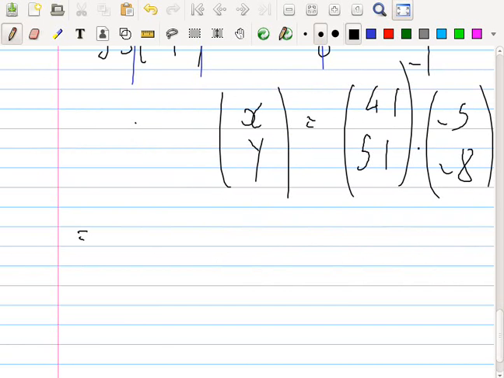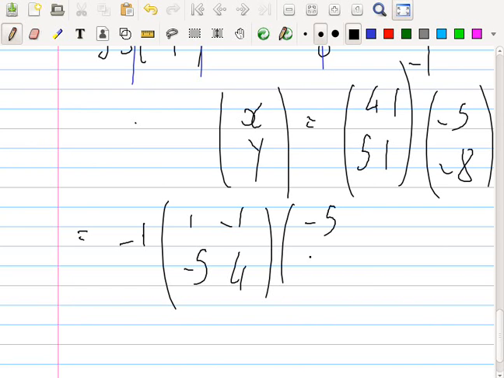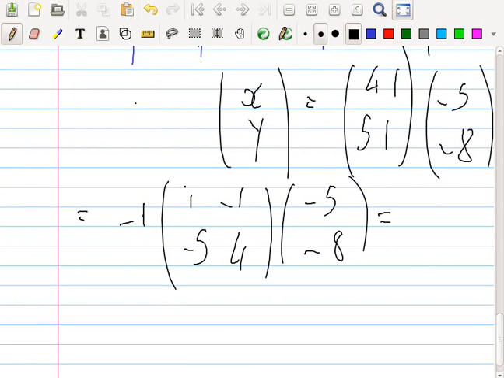So that would be, let's see, 4 minus 5 is minus 1, 1 over minus 1 that is, which is just minus 1. Swap, change the sign, and then I have to multiply by these two here. Let's see, 1 times minus 5 is minus 5, minus 1 times minus 8 is 8, 8 minus 5 is 3, but 3 times minus 1 is minus 3.